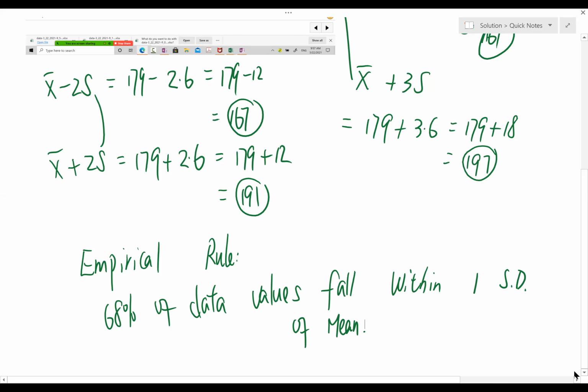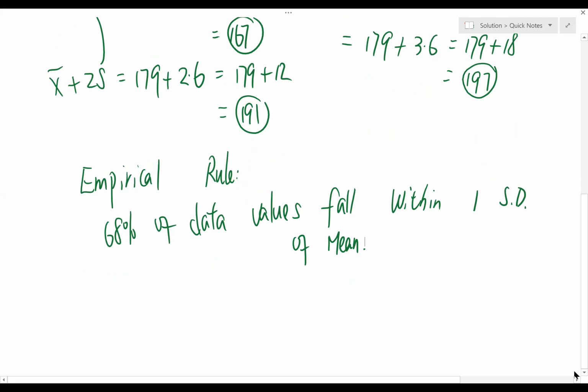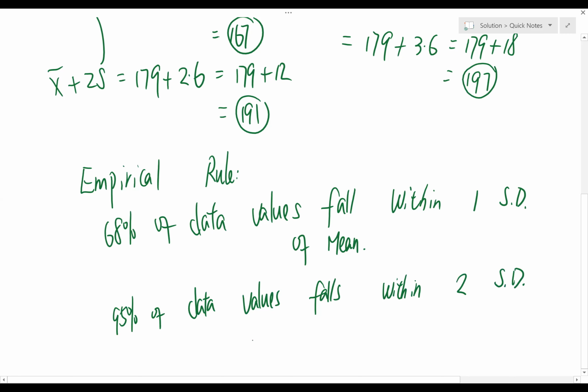And then 95% of the data values fall within 2 standard deviations of the mean. And so basically three given conditions.